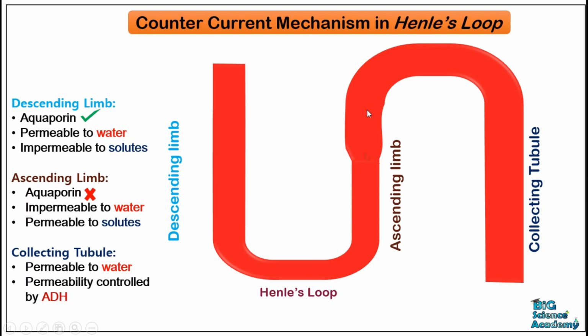And in the ascending limb, due to the lack of aquaporin protein, the ascending limb is impermeable to water, but on the other hand it is permeable to solutes. And the collecting tubule is also permeable to water, and the permeability is controlled by the ADH, which is secreted from the posterior part of the pituitary gland.